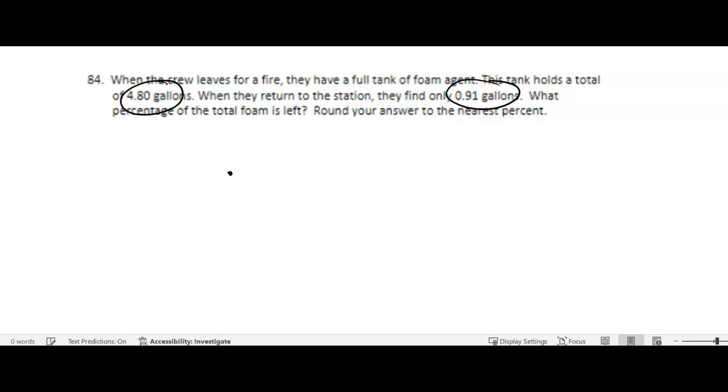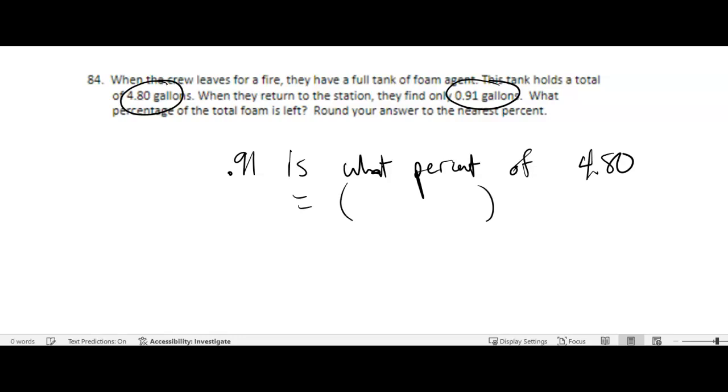I say 0.91 is what percent of the total 4.8. Okay, and then I translate that into math, right? Is means equals. What percent is my unknown? We'll call that x, or n, call it x. Of means times, that's a multiplication.